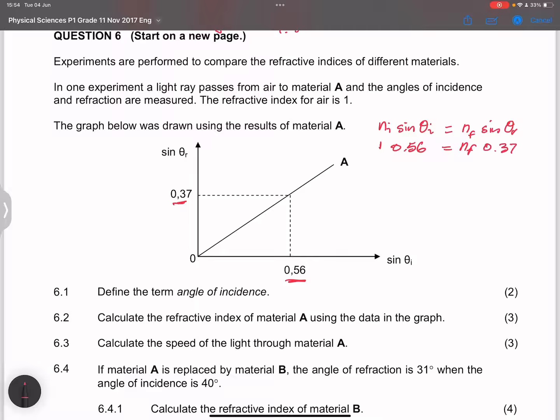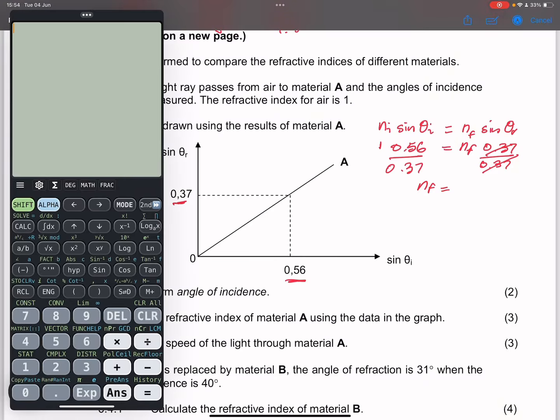Okay, so all we simply are going to do is just divide both sides by 0.37, and if we cancel that, now if you notice there, if we take our calculator, we'll have 0.56 divided by 0.37, and I get a value of 1.51.